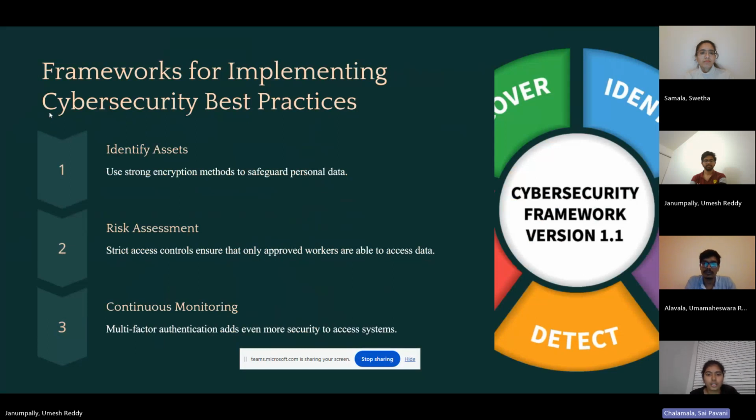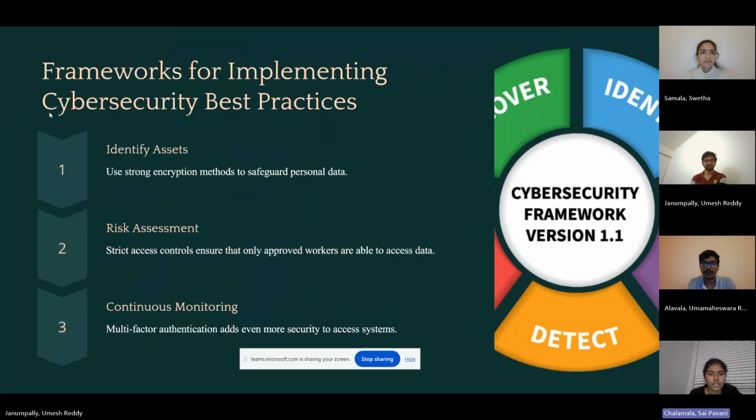Risk assessment mainly involves identifying, analyzing, and evaluating potential risks and vulnerabilities that could impact the organization's information and resources. It involves a flowchart of identifying assets, threats, and vulnerabilities, assessing the risk impact, calculating the risk level, prioritizing the risks accordingly, and managing them.